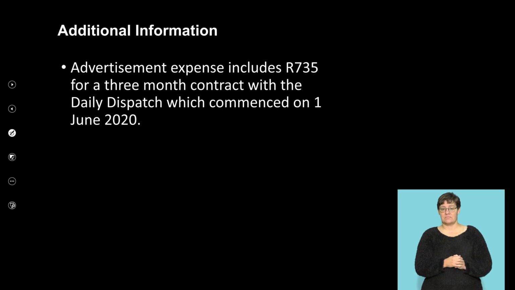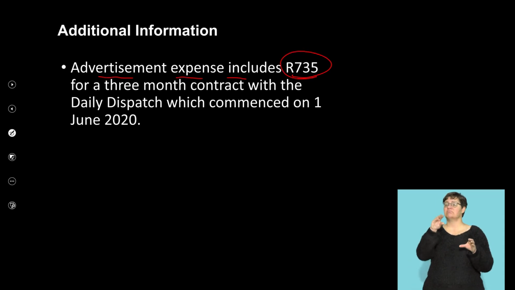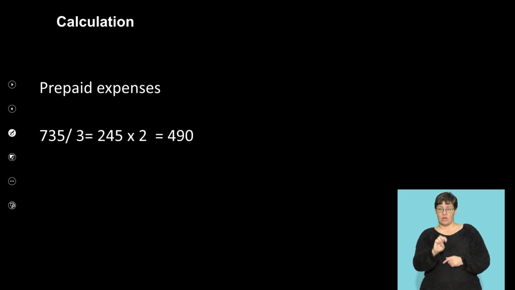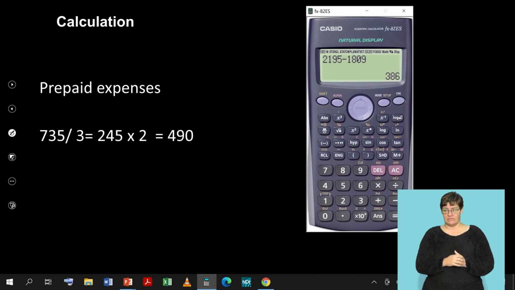Okay, it says here, advertisement expenses include 735 for a 3-month contract with a daily dispatch, which commenced on the 1st of June 2020. Right, our calculation is simple. Take your 735, divided by 3, and then obviously 2 months falling out of our period times 2 will give me a figure of 490.